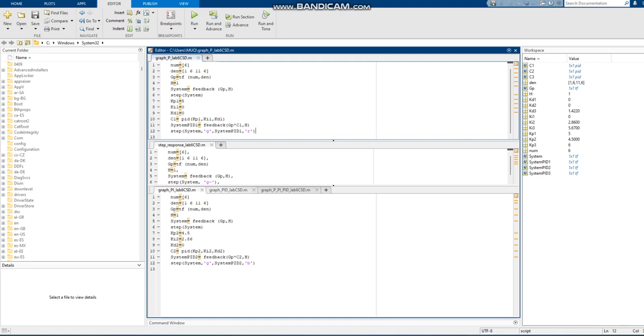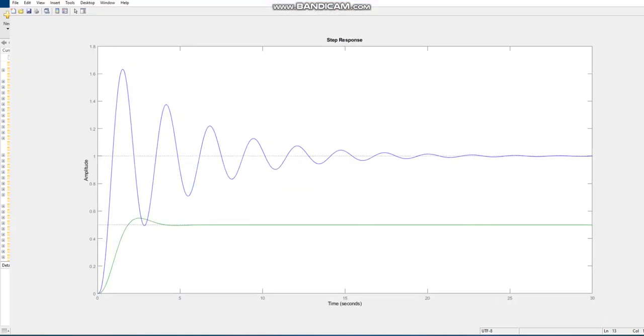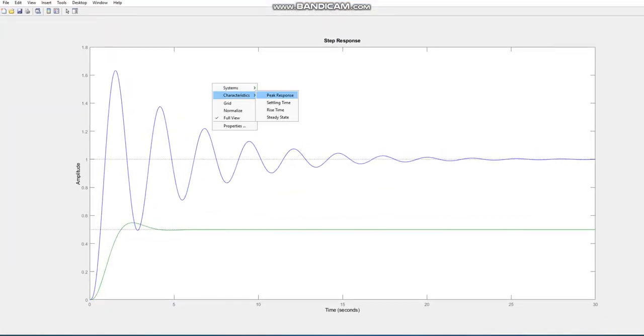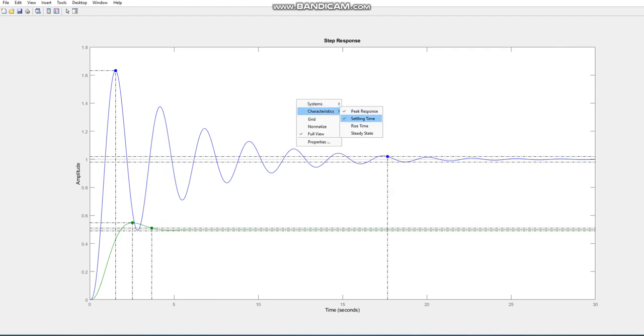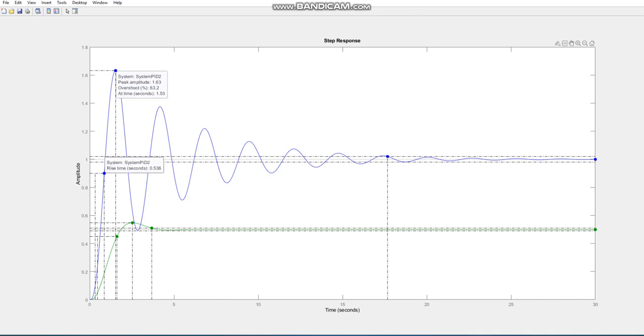After that, same step, we go to PI here, we run it, then we get the graph and look at all the characteristics.